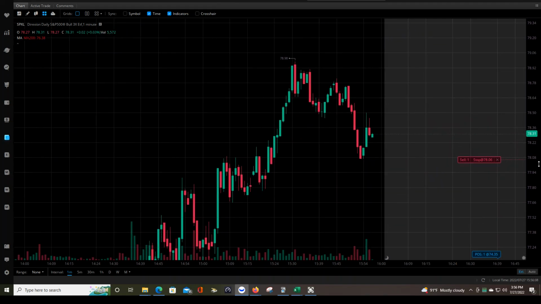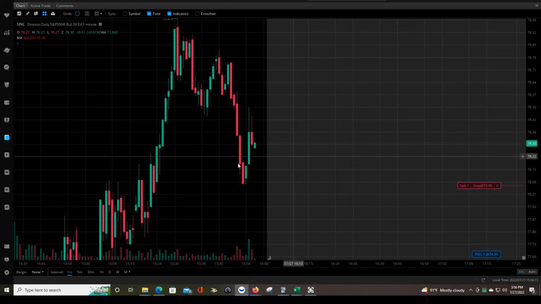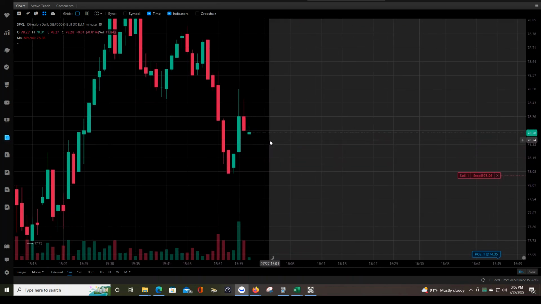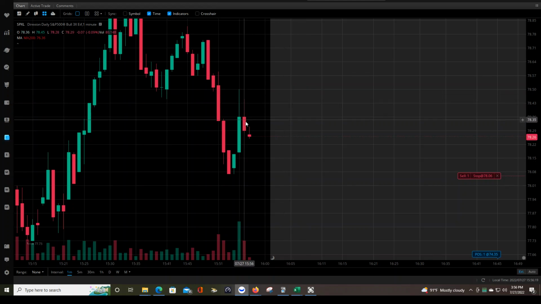So I'm just going to keep the stop where it is for now, and then I will follow up the 1 minute candles if they go higher. They might come down to the stop and stop us out, and that's okay. We're just giving this a chance to rally toward the close.